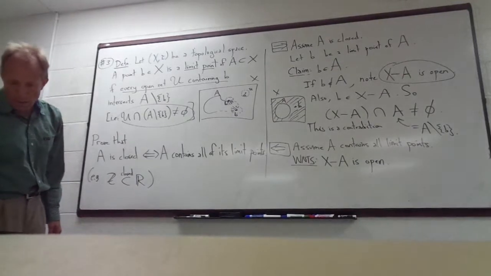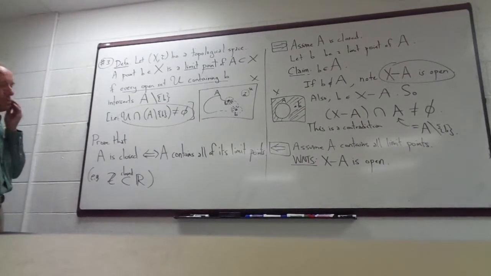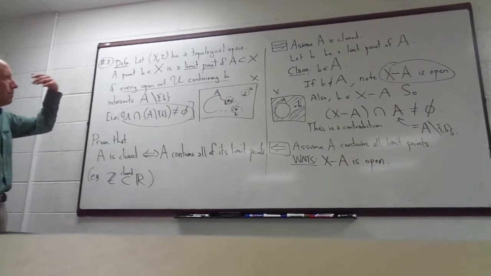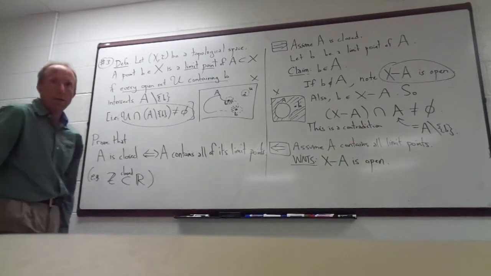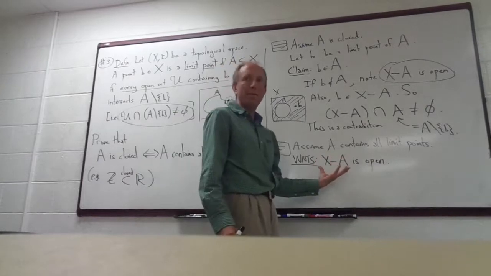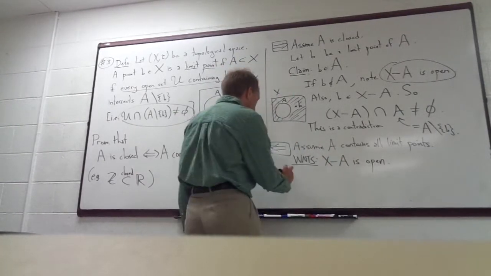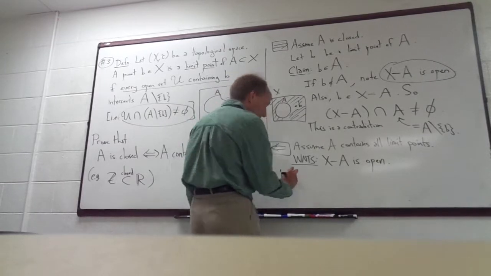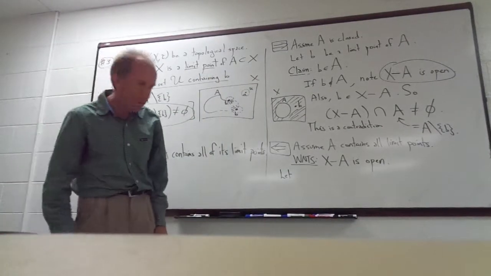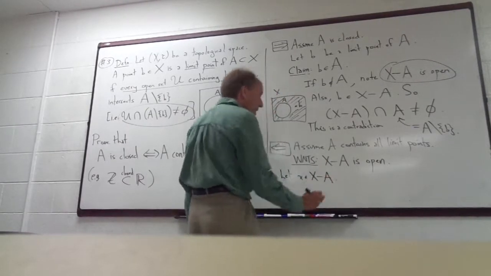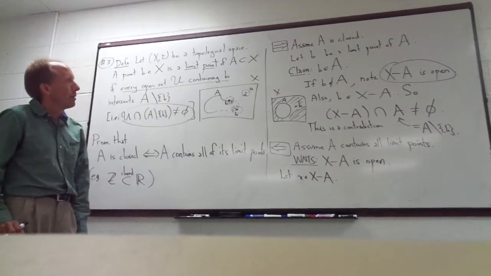Okay, so let's see if we can do this. In other words, it should be in my topology. So if I pick any point, little x in capital X minus A, just grab a point that's in that complement there.